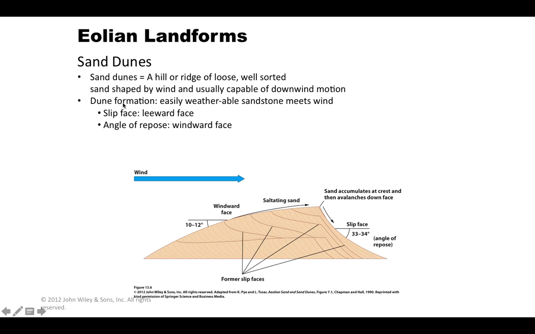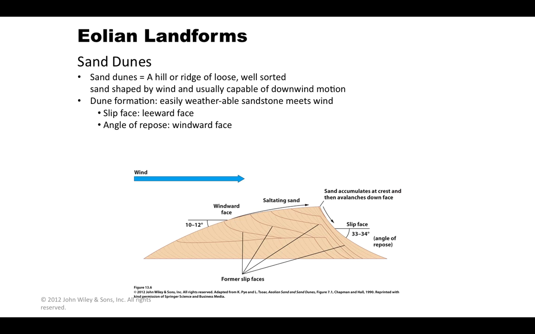So our sand dune forms when you have easily weatherable types of rocks, like sandstone, for example. I've held up sandstone for you all in class, and I know that you can just look outside in Santa Barbara and see sandstone, but it crumbles pretty easily.